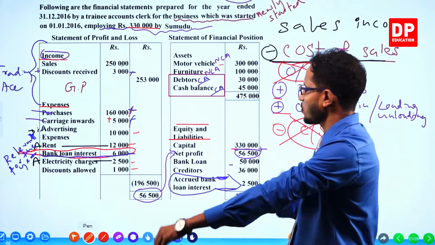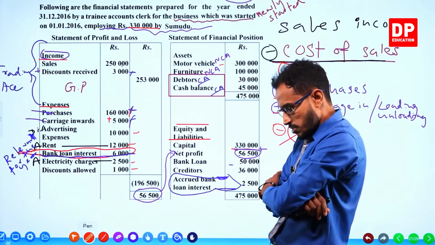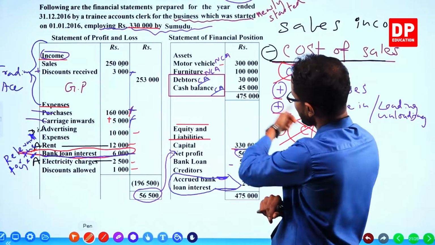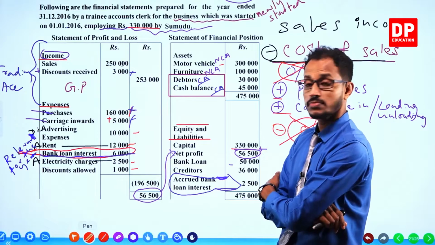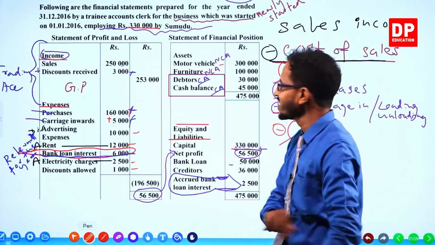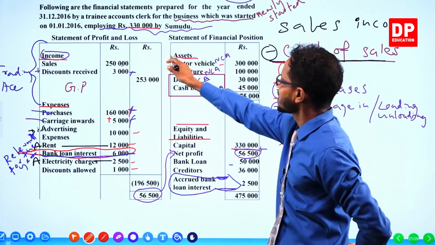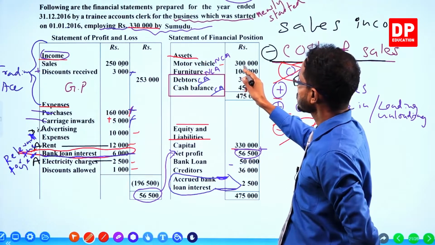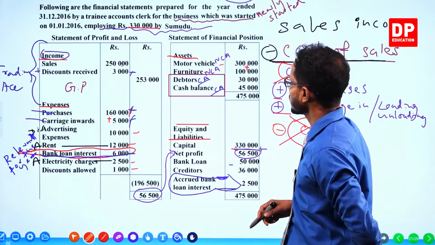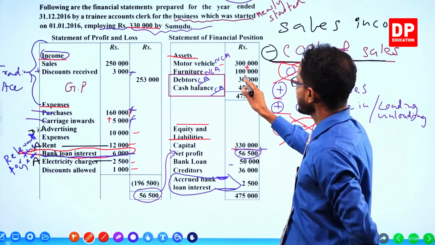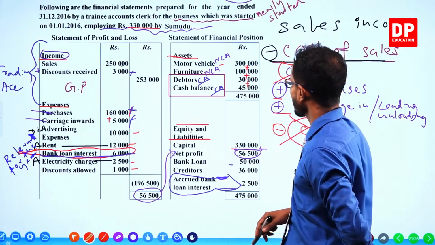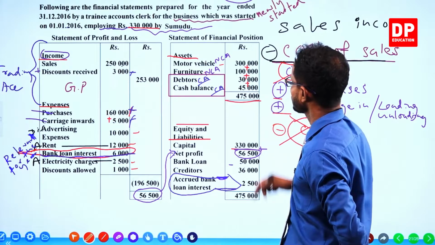Let's take the total of the assets. It's 475. Under assets, we have motor vehicles 300, furniture 100, so 400. Debtors 30, 430. Cash balance 45, 475. This is the total assets.